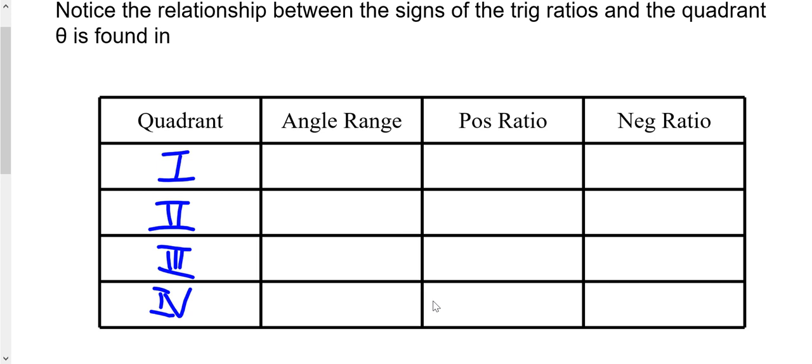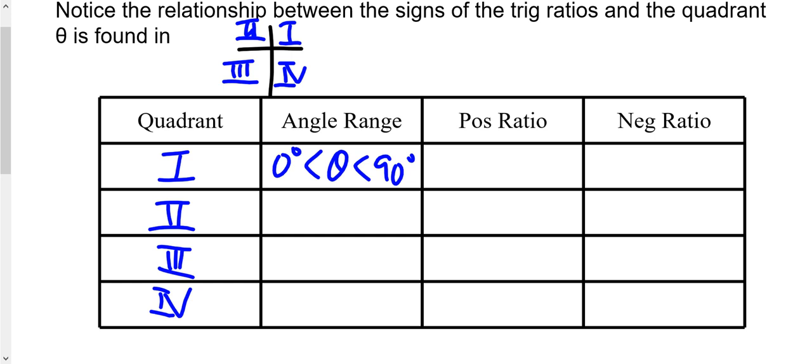Let me just sketch this here. Quadrant 1, quadrant 2, quadrant 3, and quadrant 4. Quadrant 1 is less than 90 degrees, but greater than 0 degrees.